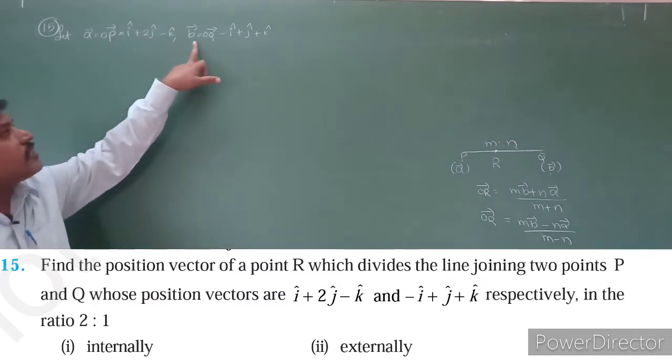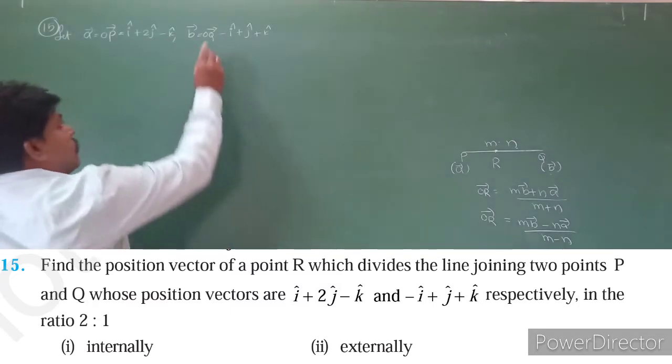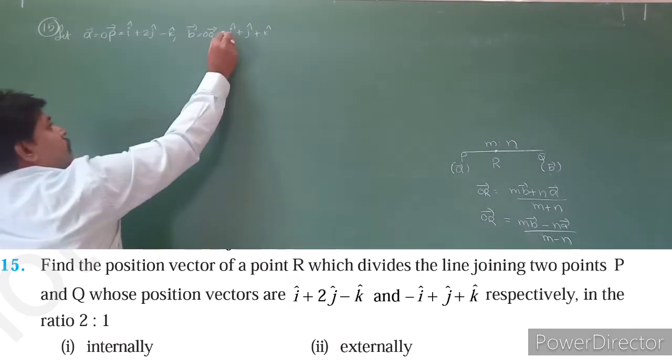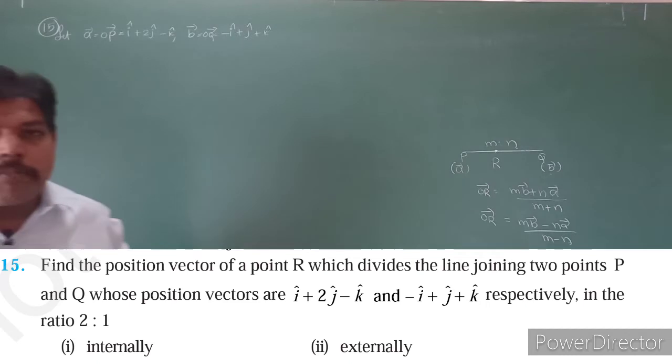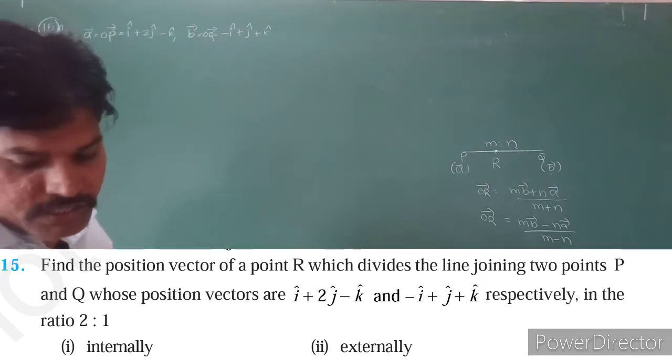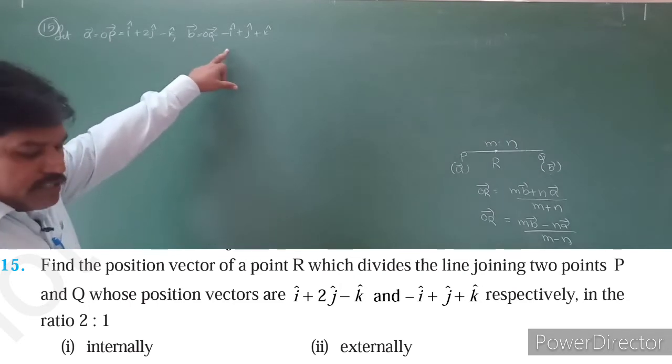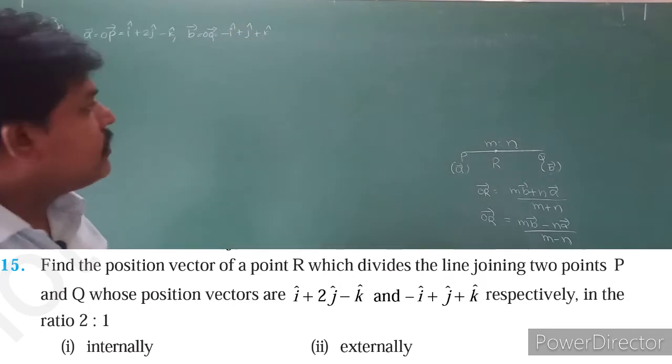And B bar is nothing but OQ bar, that is minus i plus j plus k. Just once check those points.